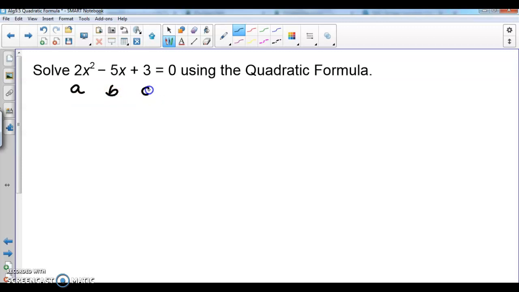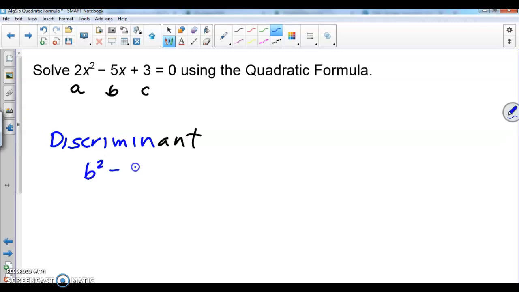Once you have identified the values of a, b, and c, plug them into the discriminant formula, which is given by b squared minus 4ac. Now, remember your b takes the sign with it. So your b is -5.